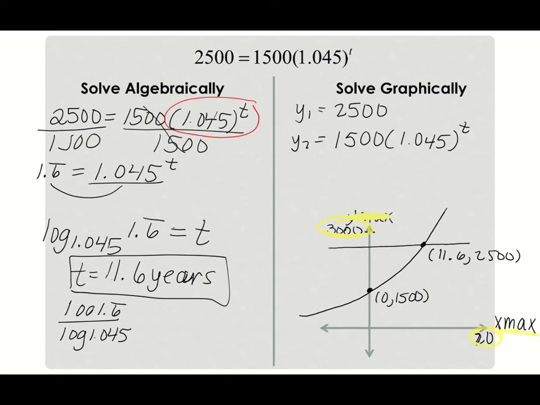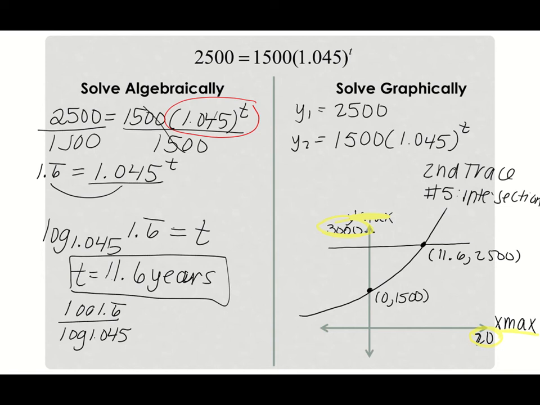So once I adjust those, I can see I have an intersection point, and remember, to find the intersection point, I hit second trace, and I go down to number 5, which is my intersection. Once I do that, then I hit enter on first curve, second curve, and guess, and it's going to give me my intersection point here.